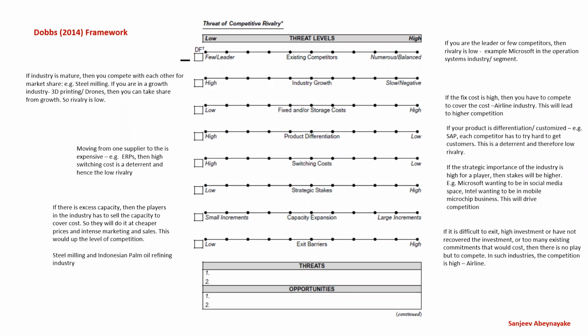And then the other one is strategic stakes. All right. So, for example, if you have a very high strategic stake in that industry. For instance, Microsoft wanting to be present in the social media space, it's very important from a strategic point of view, right?